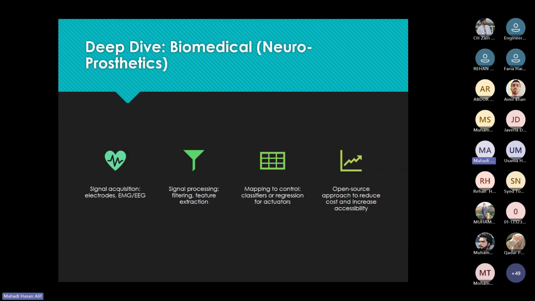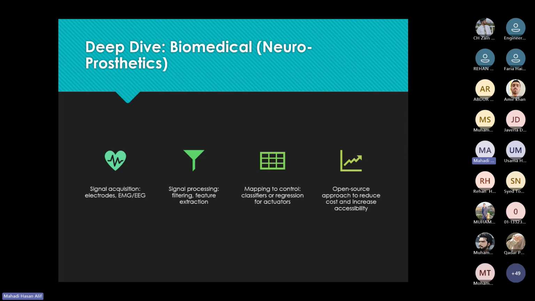The second one I want to do a deep dive on is the biomedical project I did, which is focused on neuroprosthetics. This project is part of the team I founded, the Polito Neuroprosthetics Team. In this project, the first step is always the same, which is signal acquisition.